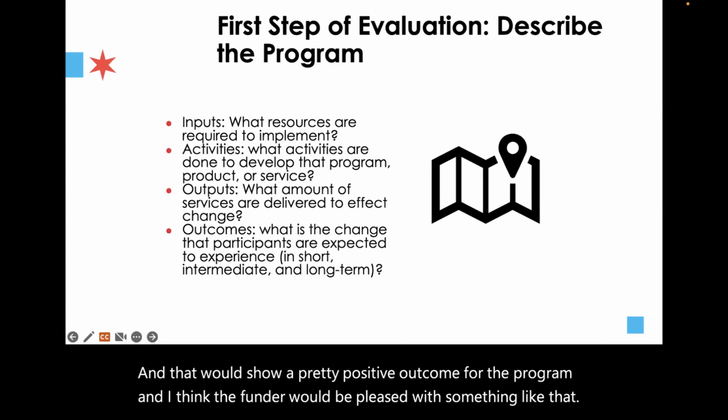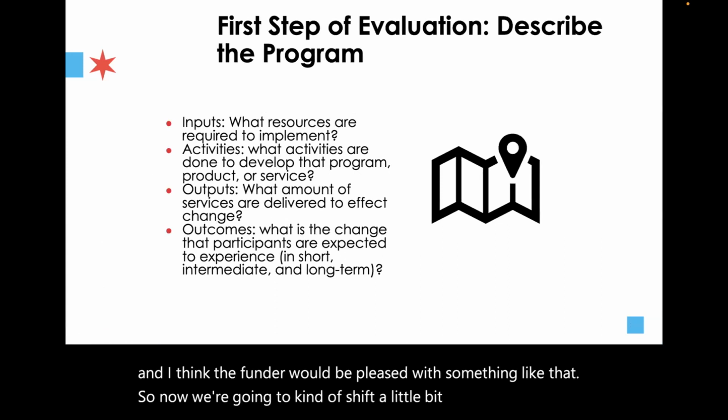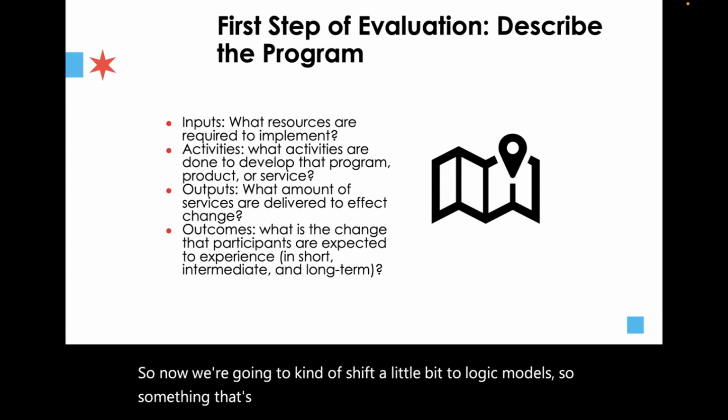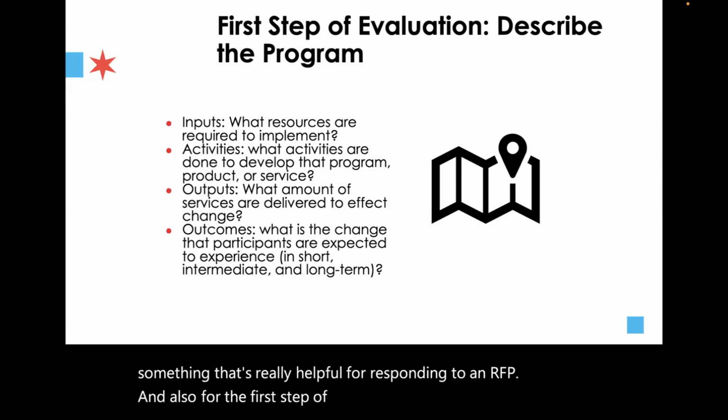So now we're going to shift a little bit to logic models. Something that's really helpful for responding to an RFP and also for the first step of evaluation is really just taking a step back and describing your program.